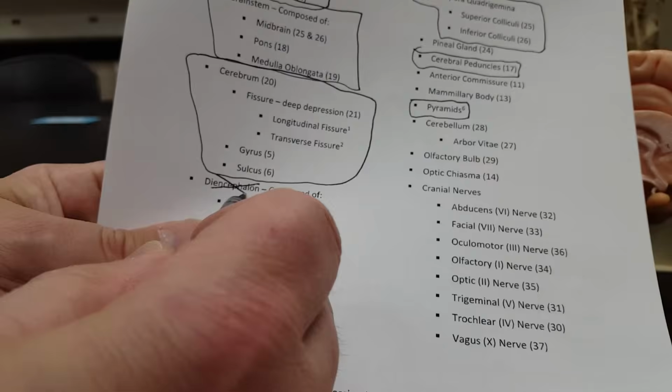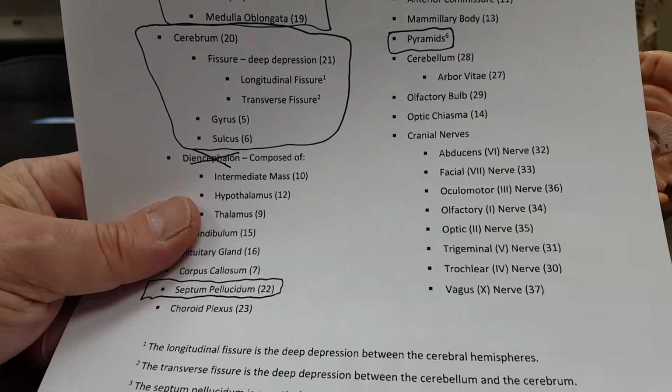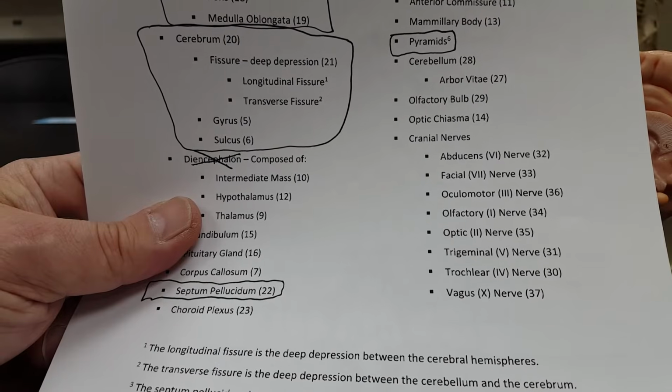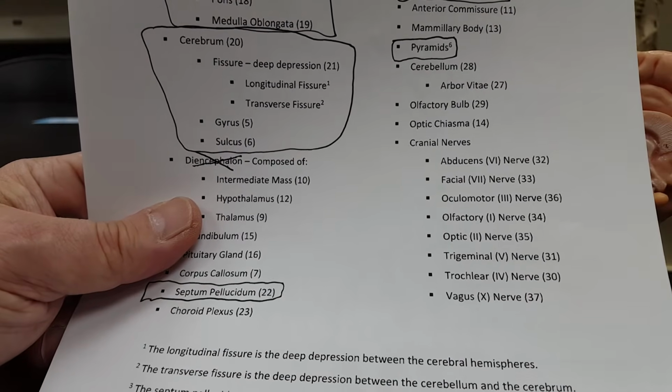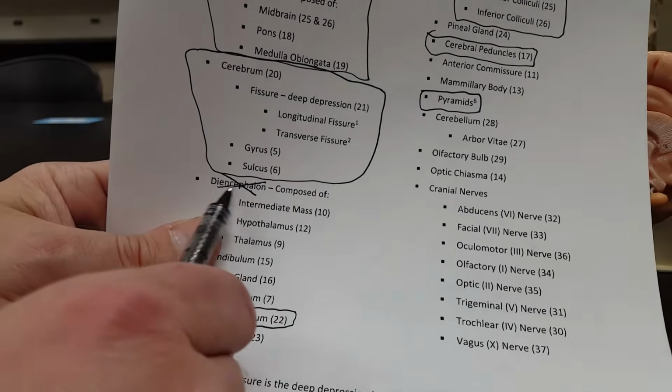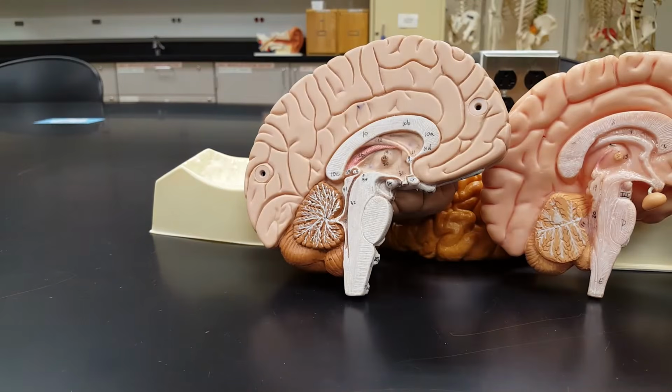Diencephalon will not be the answer to any quiz question or practical question I write on the brain from lab. Might be fair game for a lecture, but here's what I'm telling you. Diencephalon will not be a correct answer for any brain part in your online lab quiz.